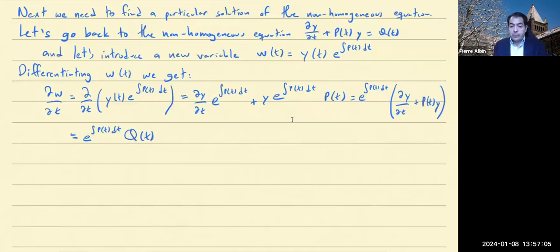Right, so we have made a lot of progress now, right? Because our equation for w is now just the derivative of w with respect to t is equal to this function of t, right? So now this is a really easy differential equation. You just integrate both sides.